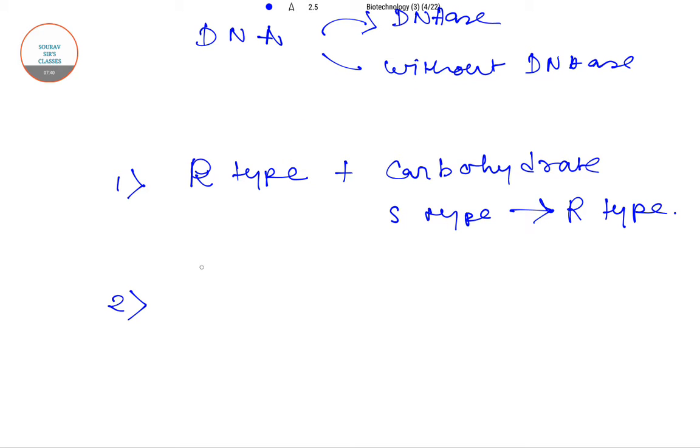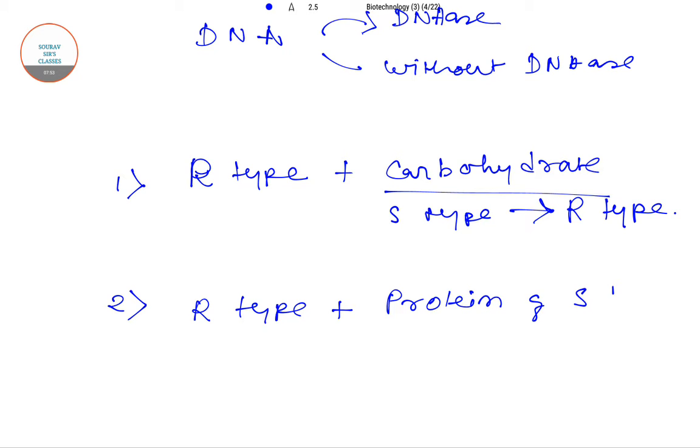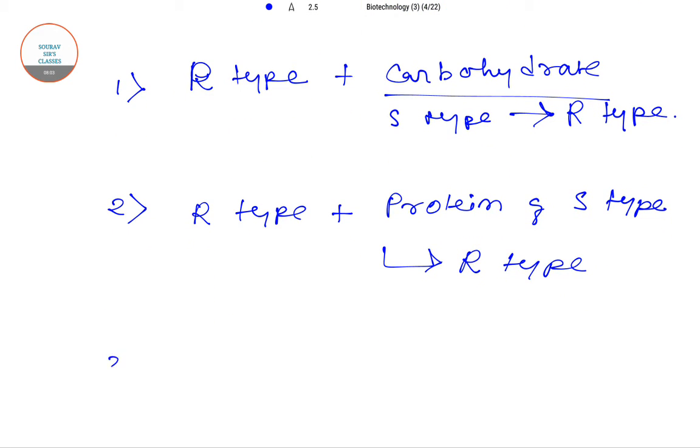The second is live R type given the protein of S type, and in that case we will also see only the rough type.